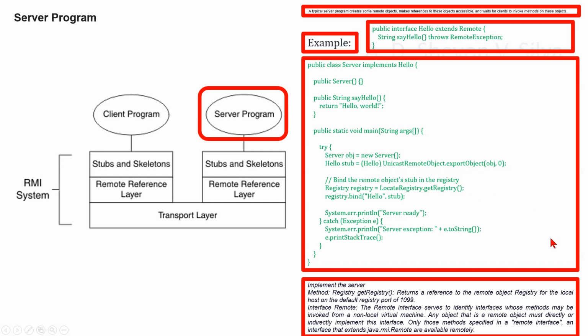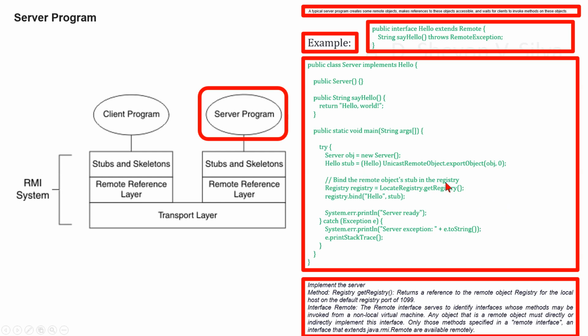Now we are focusing on registering the remote object with the Java RMI registry. For a caller, client, peer, or applet to be able to invoke a method on a remote object, the caller must first obtain the stub for the remote object.